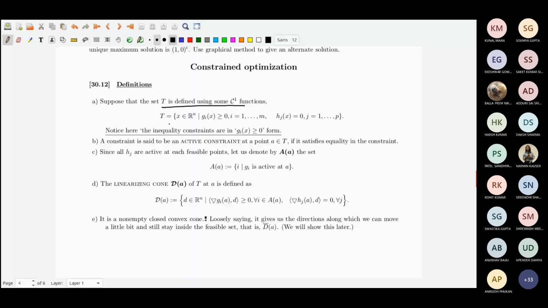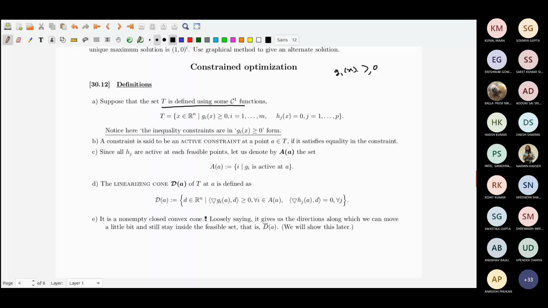Okay, at least once. And assume that T has the form G1, G2, Gm, written in this form. Always remember, it depends on the textbook that you are reading. If you are reading some textbook, some people in the standard format they use less than equal to 0 also.